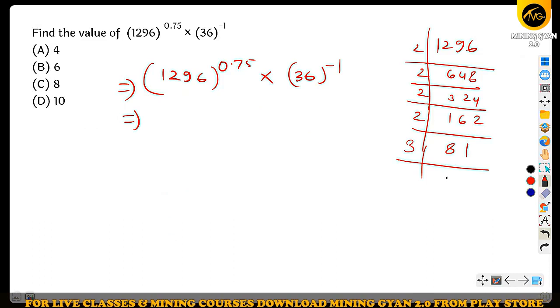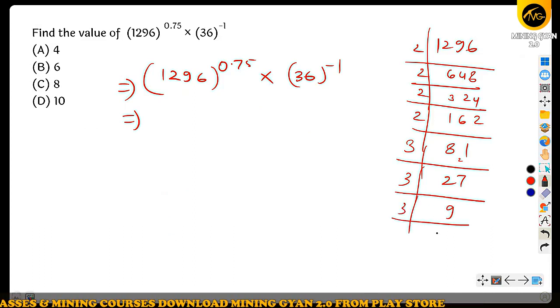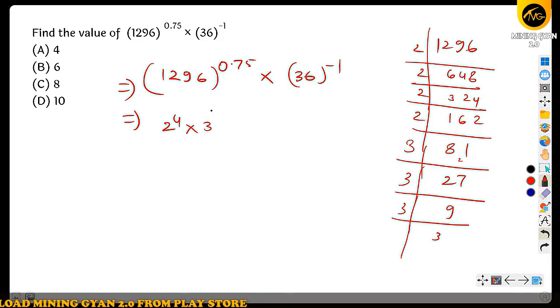So 2 and 21, that means 27, 3, 9, 27, again 3. So 2 into 2 into 2 into 2, that means 2 power 4, multiply 3 into 3 into 3 into 3, that means 3 power again 4.